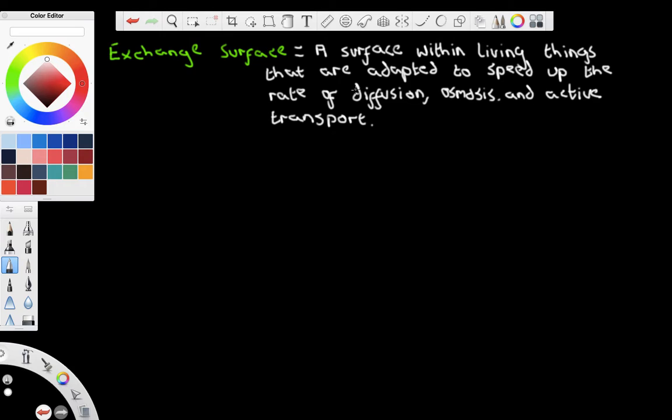The examples of exchange surfaces that we're going to look at today, so we can just put underneath here, e.g. the lungs, the small intestine, and in plants, the leaf.